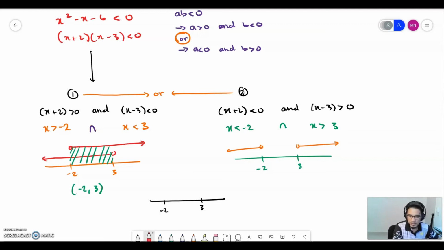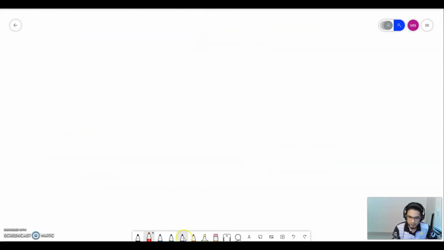Part 1 tells us the answer will be in between negative 2 and 3. Since part 2 has no region that intersects, there are no answers from part 2. So we can conclude that our answer will be from negative 2 until 3, just the same as the answer given by table of signs and the real number line.